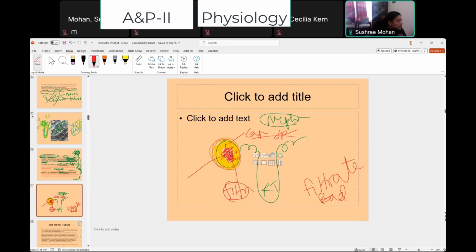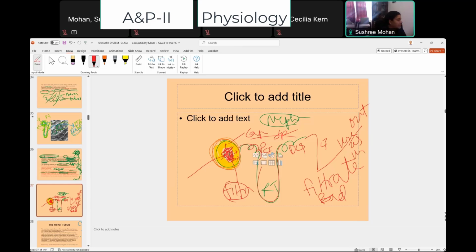That is what is mentioned over here. From the capsular space, it's going to enter into the PCT. Then it's going to go through the loop of Henle, and then through the DCT, and then through the collecting tubule, and then through the ureter, and then be flushed out as urine.